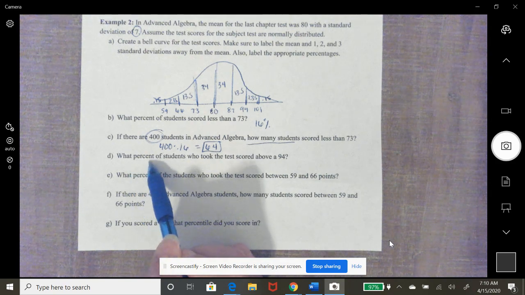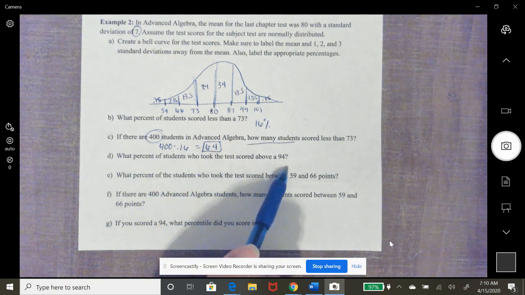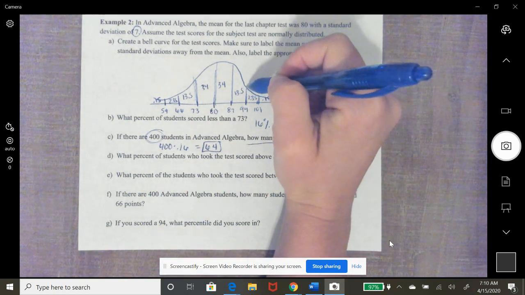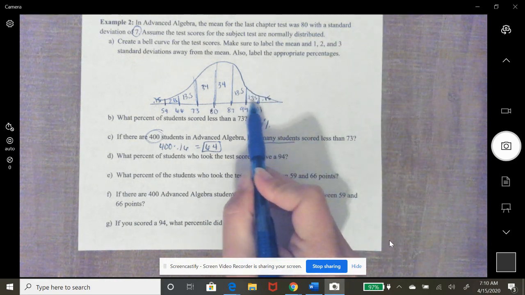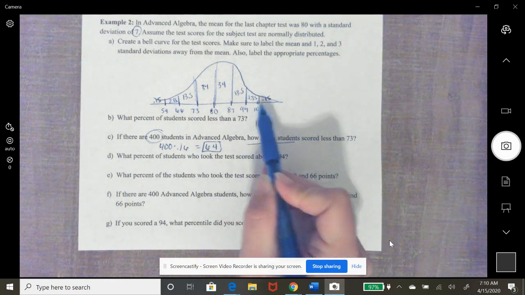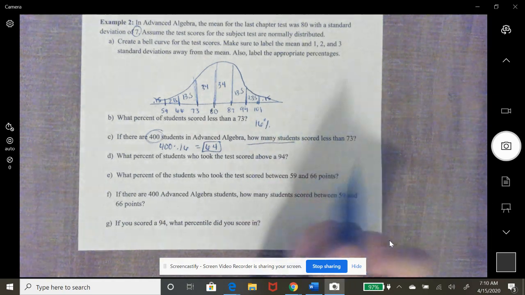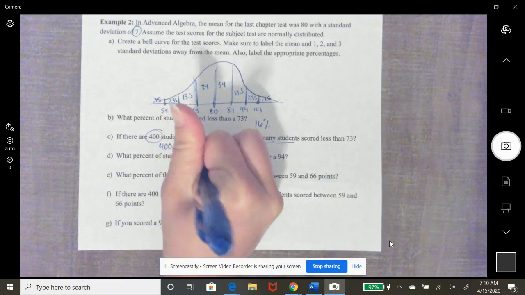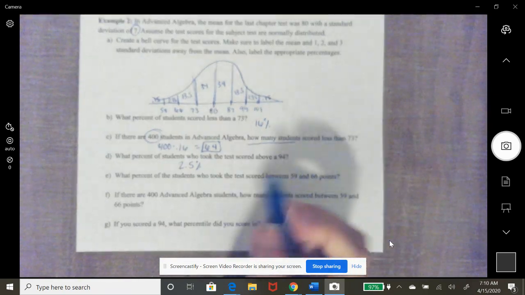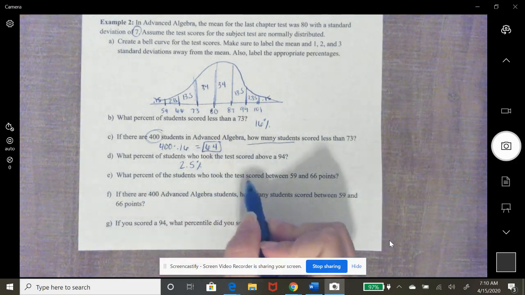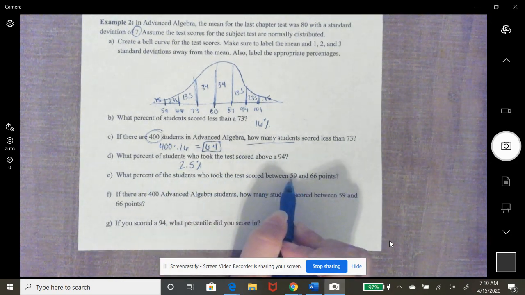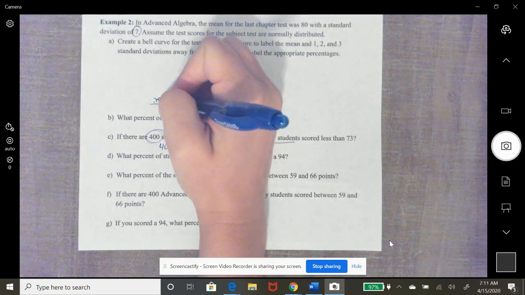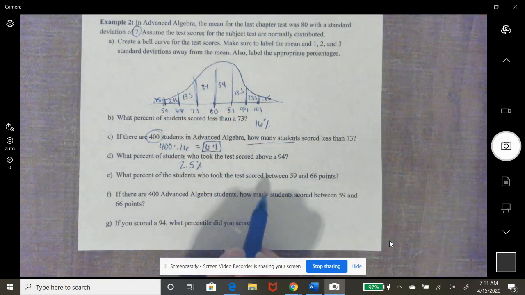Okay, what percent of students who took the test scored above a 94? So here's 94. I want above that, so I would add 2.35 plus 0.15, and that gives me 2.5%. Okay, what percent of the students who took the test scored between 59 and 66 points?